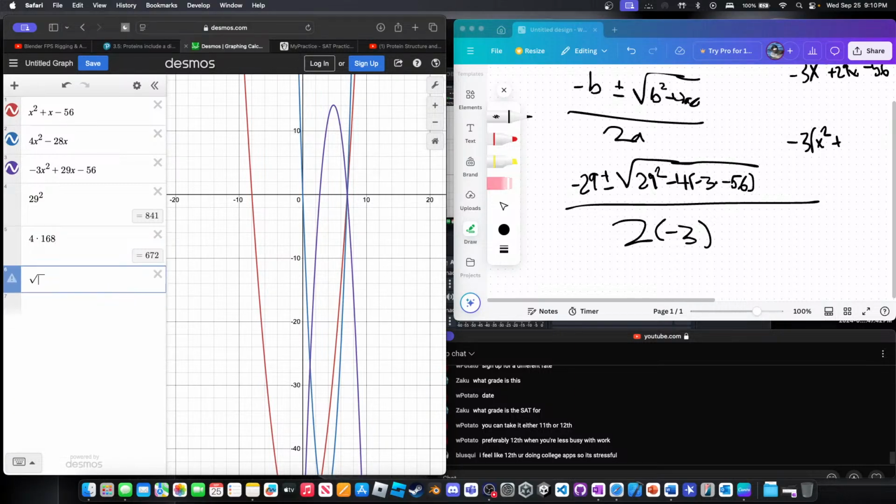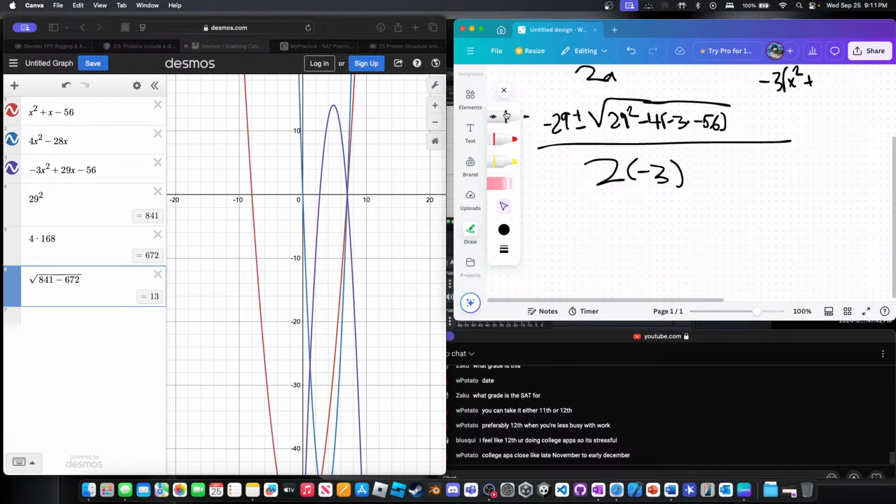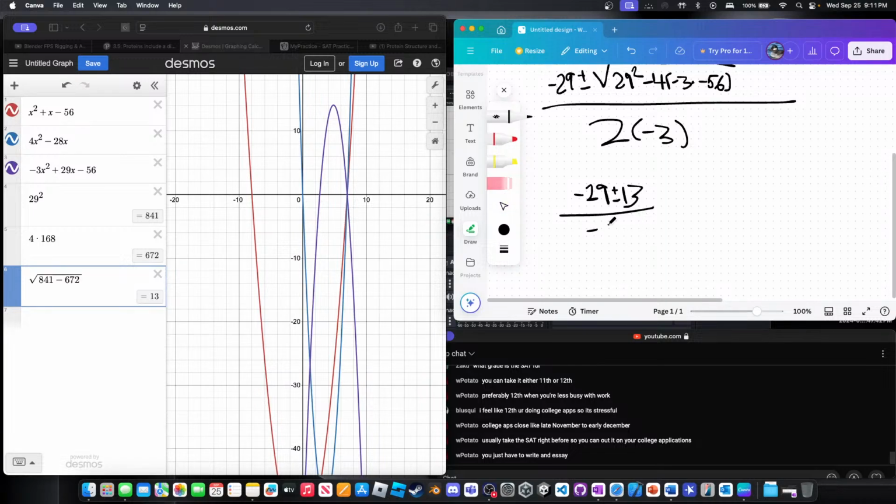Okay, so the square root of 841 minus 672 is 13. Wow, that's actually a great number. Luckily, it's a very precise number. Plus minus 13 over negative 6. All right, this is what I got after doing all this: negative 29 plus minus 13 over negative 6.